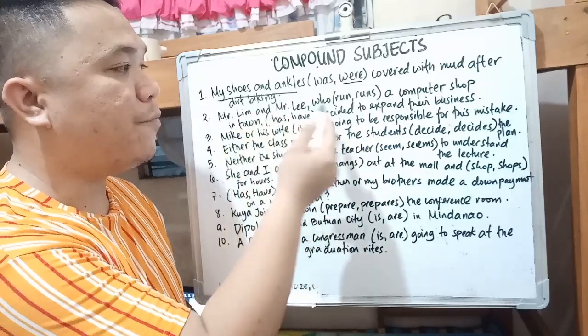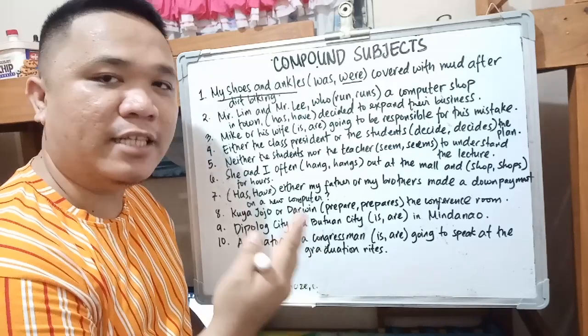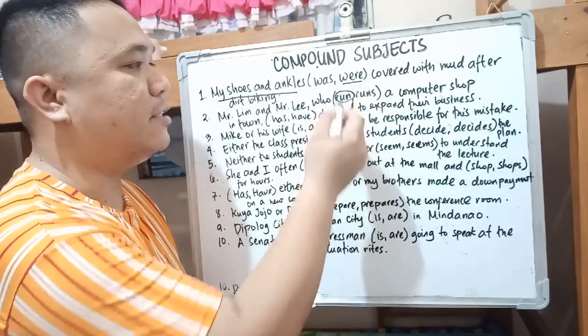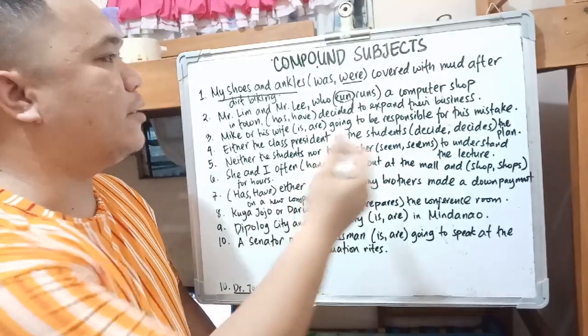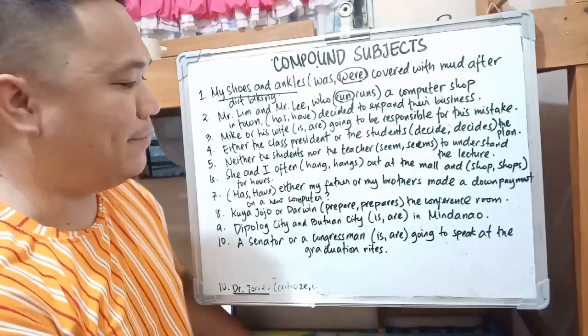A plural subject with a plural verb. How does a plural verb look? It does not end in S. So the correct answer is run, a computer shop. Okay, let's encircle this one first so there will be consistency.